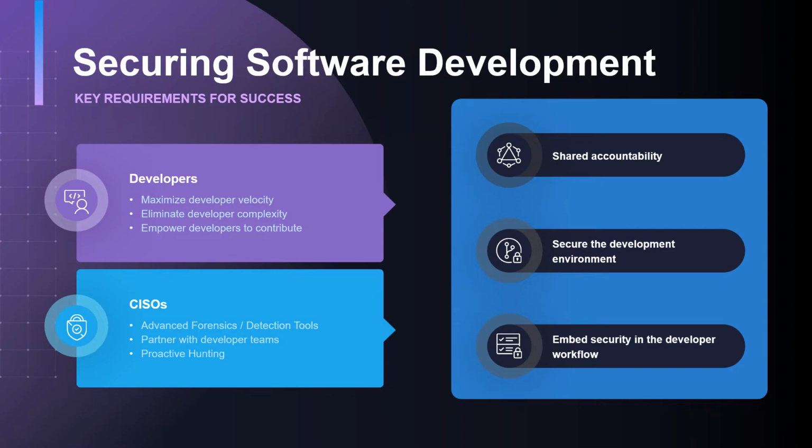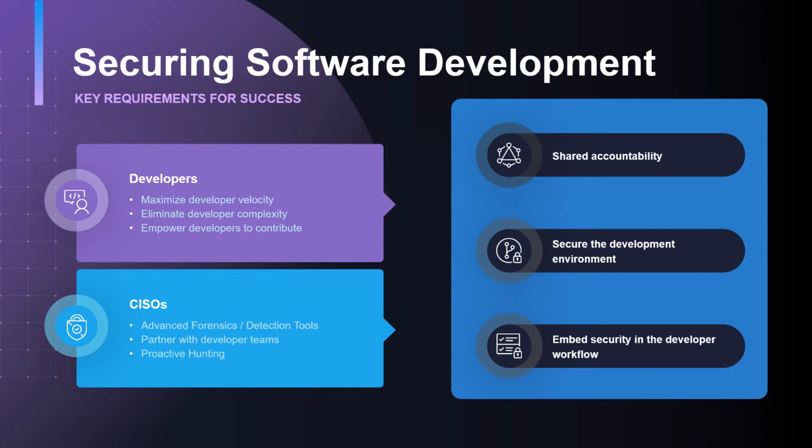And for CISOs, it's more about protecting company IP, data, and secrets without impeding the development process. Their top three requirements reflect this difference. The first is to augment security practices with cutting-edge forensic and detection tools.